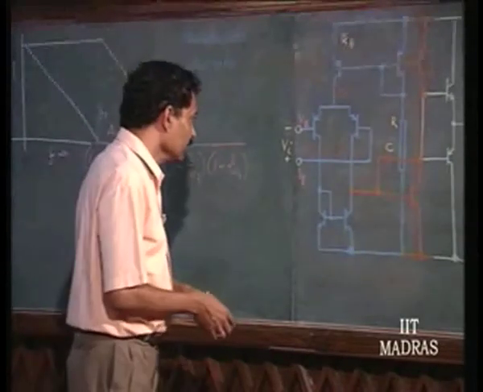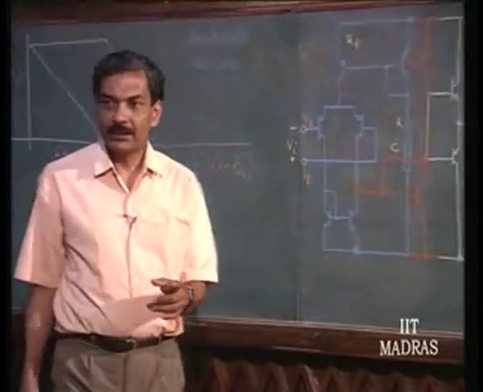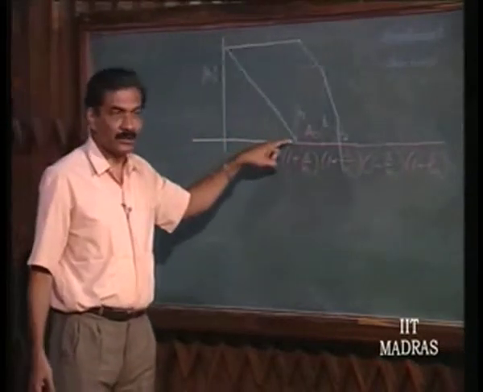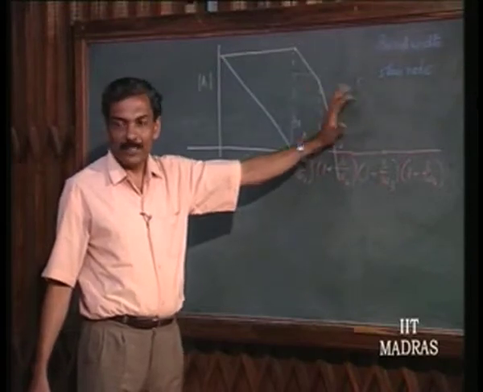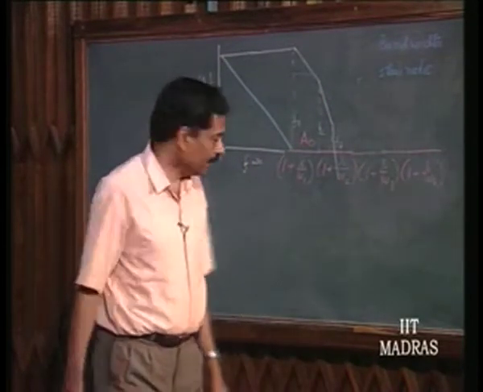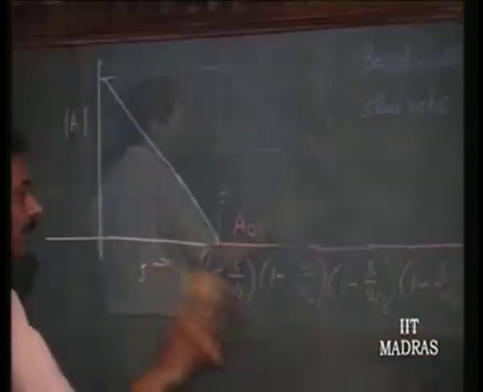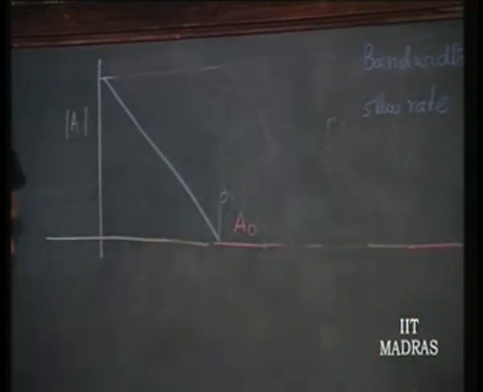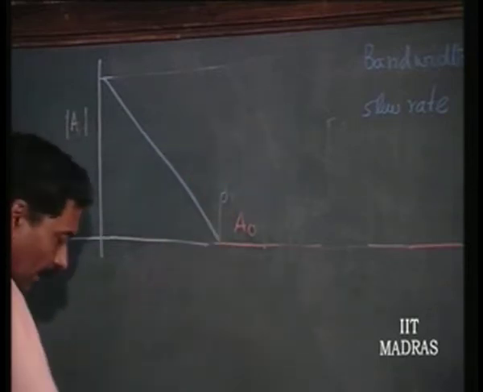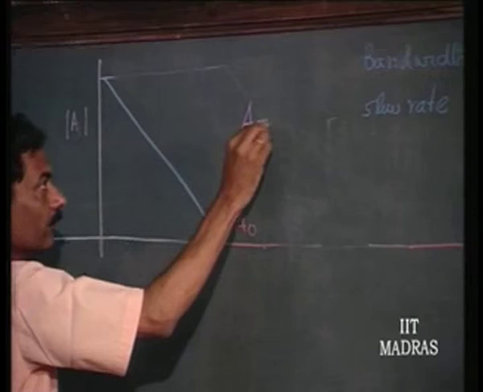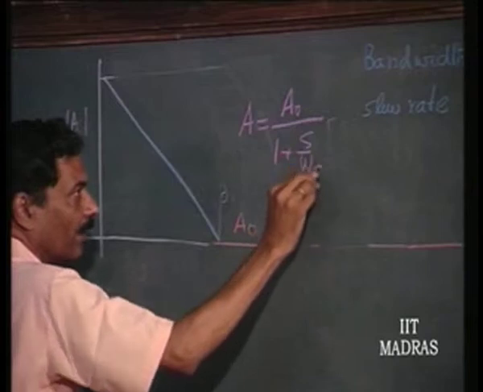So, that means essentially now we can consider that this is the time constant which determines the gain reduction. Effectively these time constants are all going to be replaced by this particular time constant, and it is enough if we discuss most of the op amp applications using a simple model for the op amp which says A is equal to A naught divided by 1 plus S by omega dominant.